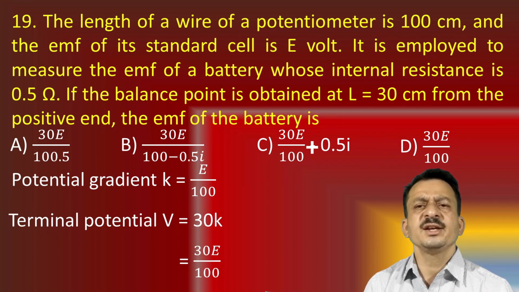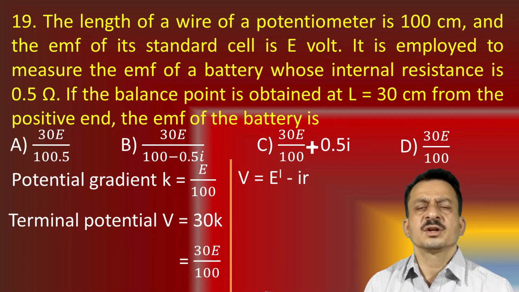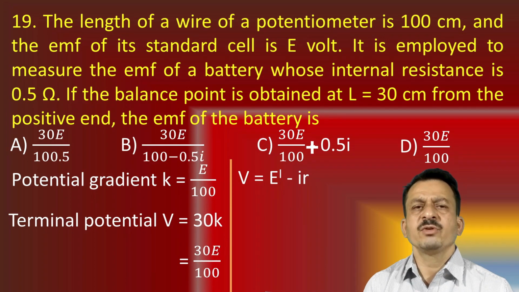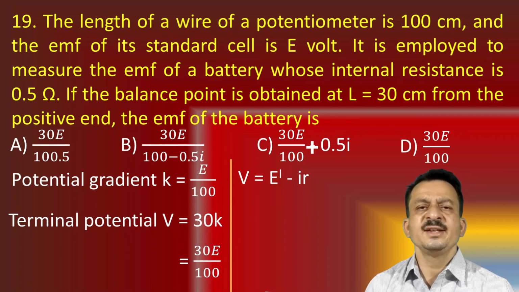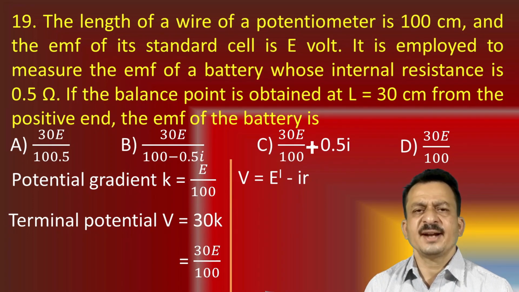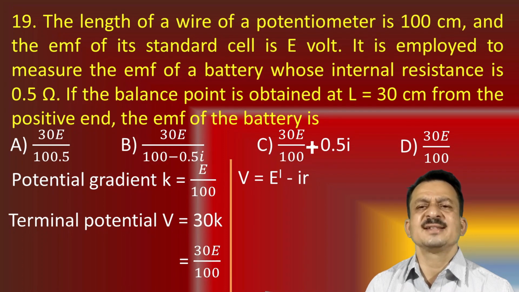Now we have to calculate the EMF of the second cell. The terminal voltage across the second cell is equal to the EMF of the second cell, E dash, minus I into R. Here E is the primary cell which is connected across the potentiometer, and E dash is the second cell connected in the secondary, which we are going to calculate.